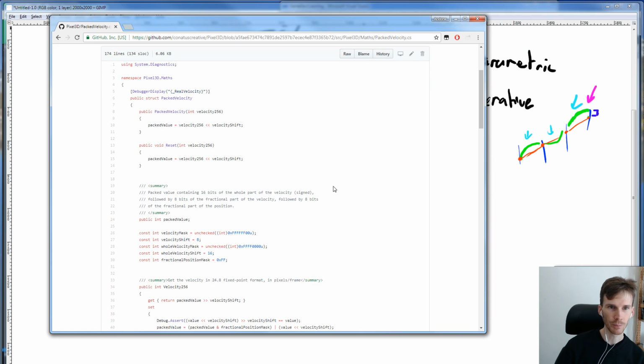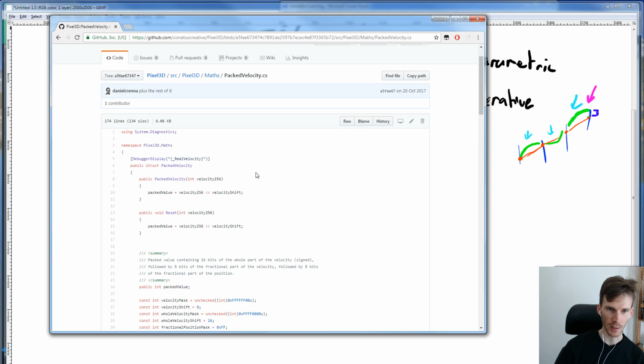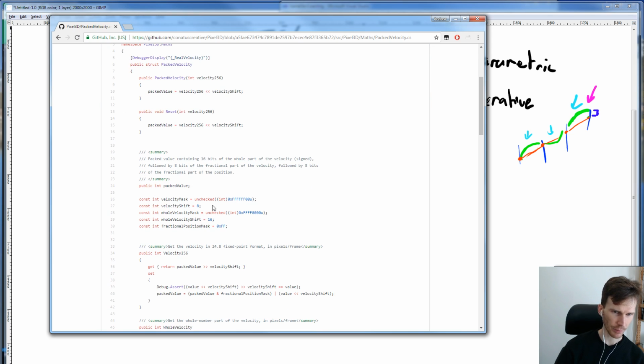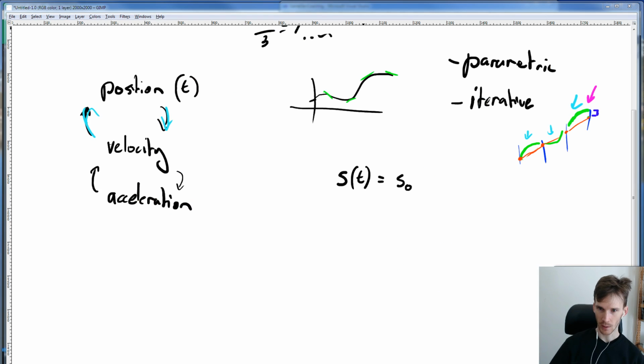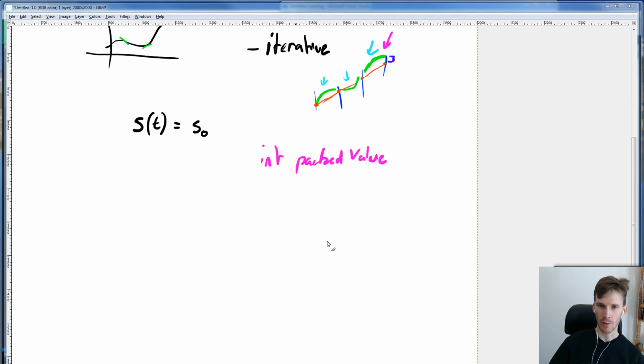So this is packed velocity, and this is actually a fairly complicated structure. It's only 4 bytes long, and I'll just draw out what it does. So it's like an int packed view. It's scrolly. And this is divided up into 4 bytes, and we actually pack values in here.